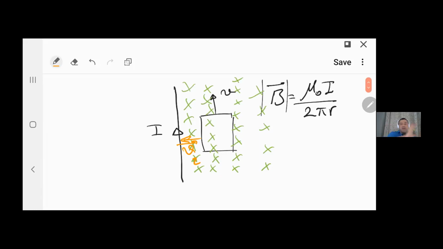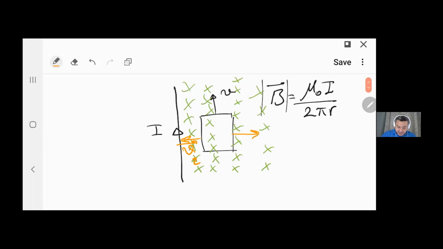But if I move to the left, closer to the wire, then yes, I'm coming closer to the stronger magnetic field, and I will be seeing a variation in the flux. The same thing if I go this way. I'm going further from the wire, which means I'm going from a stronger magnetic field to a weaker magnetic field, then yes, I will be seeing a variation in the flux.